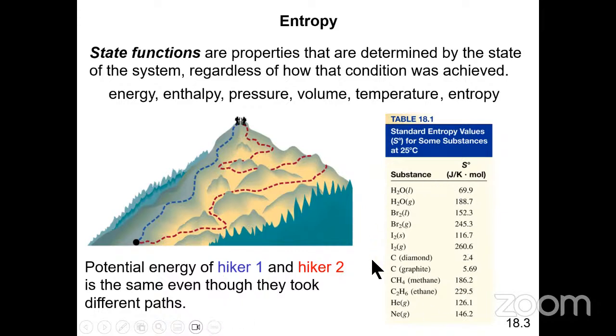And here is a very small table of entropy values for different substances. And you can see some of the things that we talked about is quantitatively shown in the values indicated here. For example, H2O gas has a greater entropy than H2O liquid, as you can see comparing those two numbers. The same is true for bromine gas and liquid, iodine gas and liquid, and so on and so forth, all right?